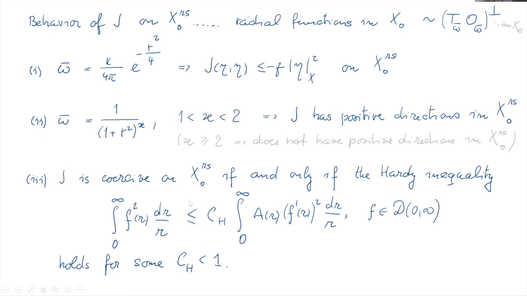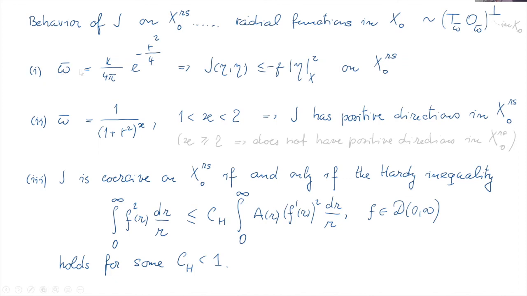And in general, it's not very hard to show that the coercivity on this space is equivalent to a certain Hardy type inequality being true with a specific constant, a constant which is less than 1. Okay, so there is a certain Hardy inequality which you can show under our assumption is always true with some constants.